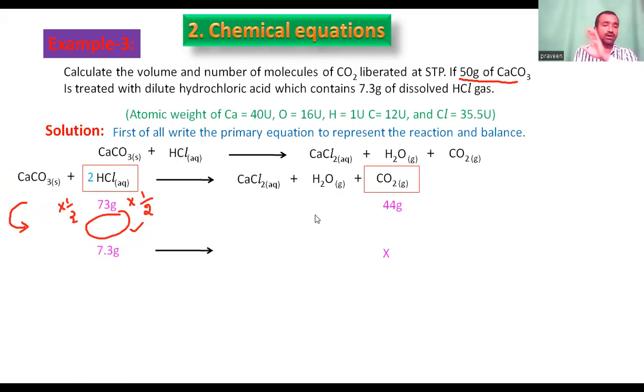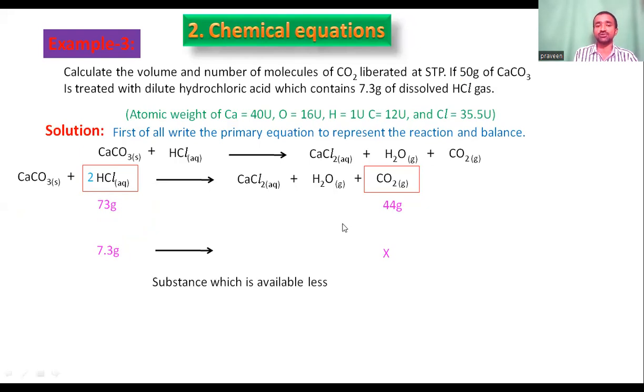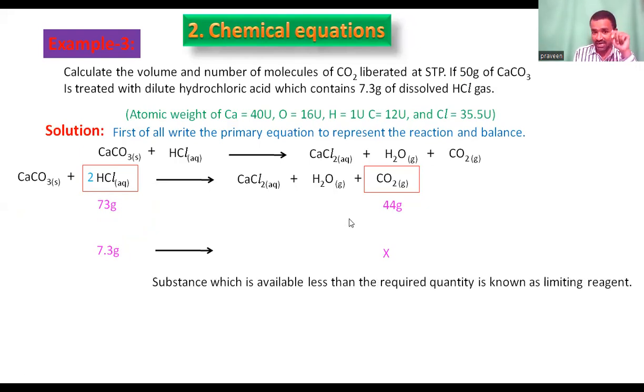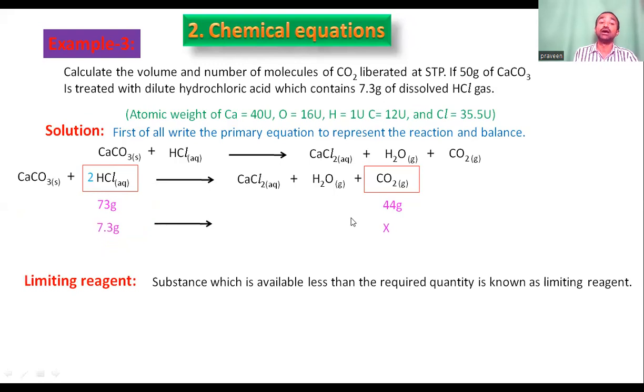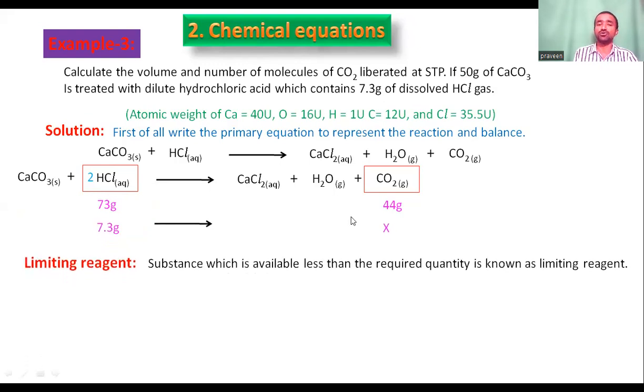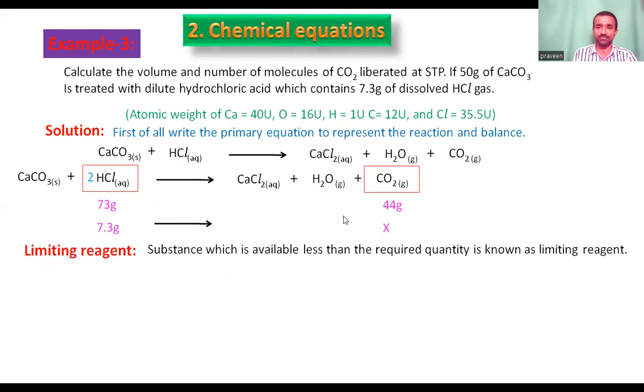So here we are not depending on the calcium carbonate. We are depending only on the HCl, on 7.3 grams. The substance which is available less than the required quantity is known as the limiting reagent. This is called the limiting reagent. So that can limit the product. So we are depending on the HCl to produce carbon dioxide.